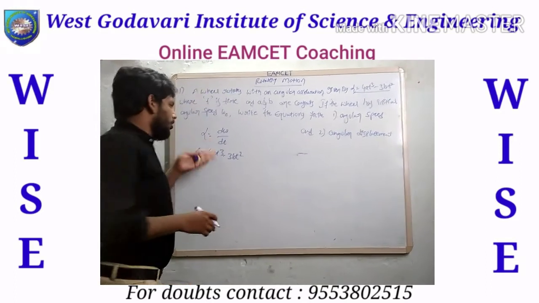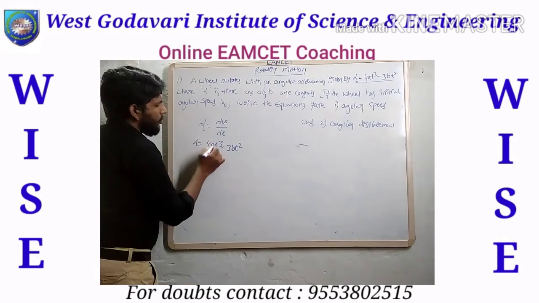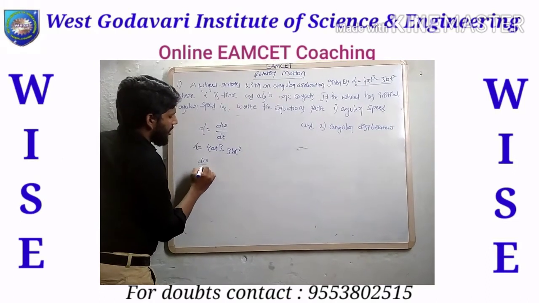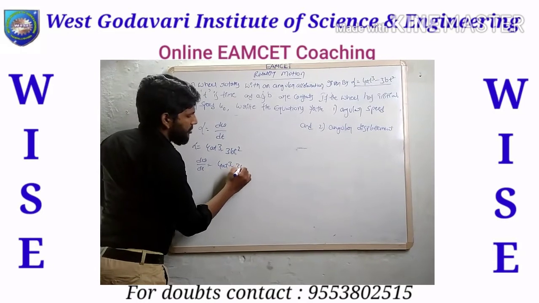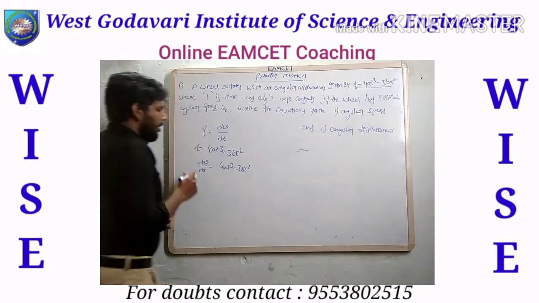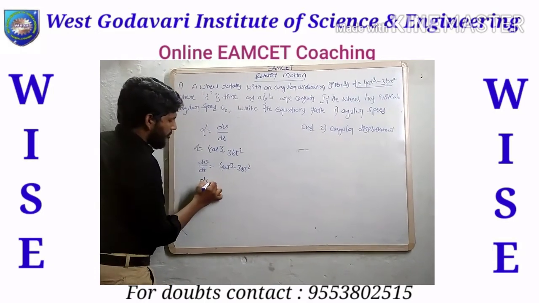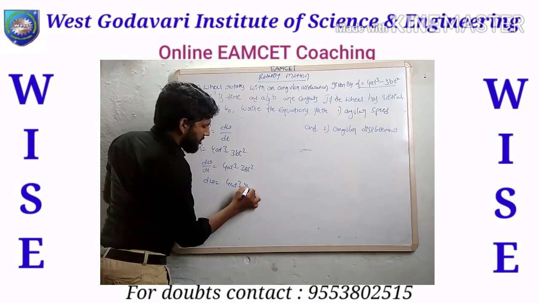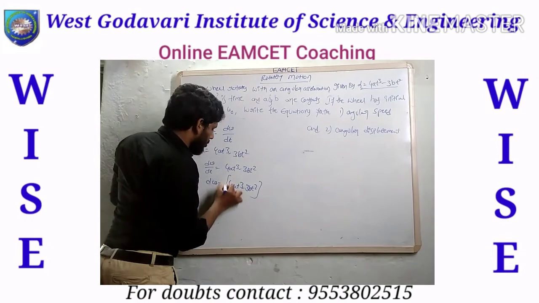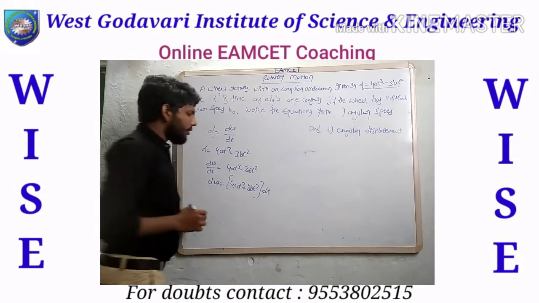Now equating the two equations, d omega by dt equals 4at cube minus 3bt square. So d omega equals (4at cube minus 3bt square) dt.